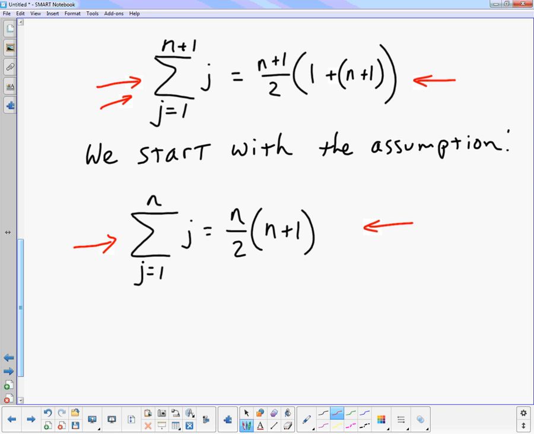So if we look at this really closely, that's this upper one, right? That's what he looks like. This is what you're starting with.